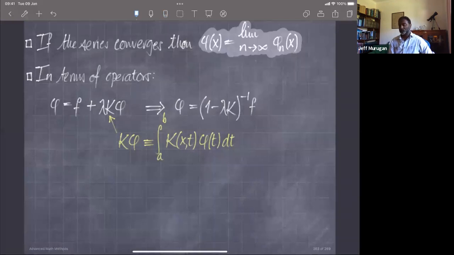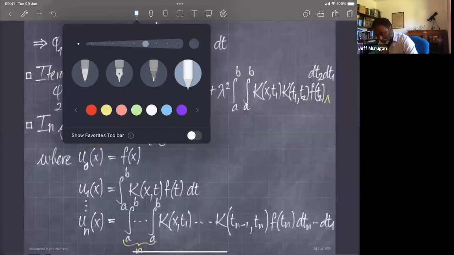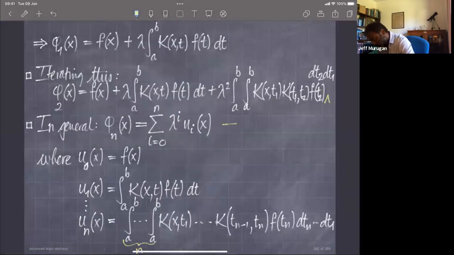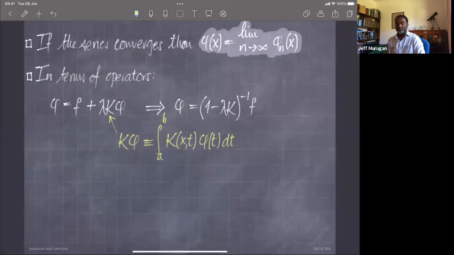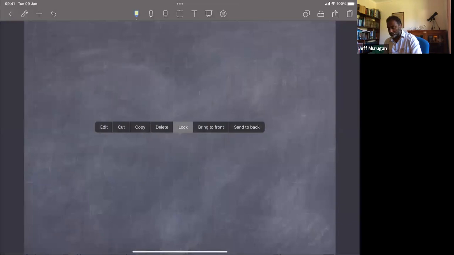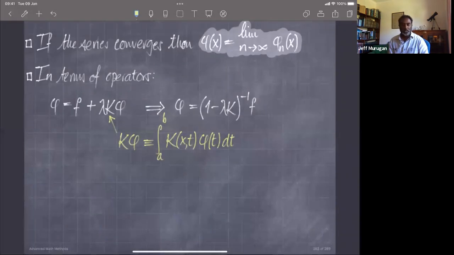In other words, the Neumann series, which is this here, I should have written down. This is called the Neumann series. The Neumann series is nothing but the binomial series expansion for the operator 1 minus lambda k.